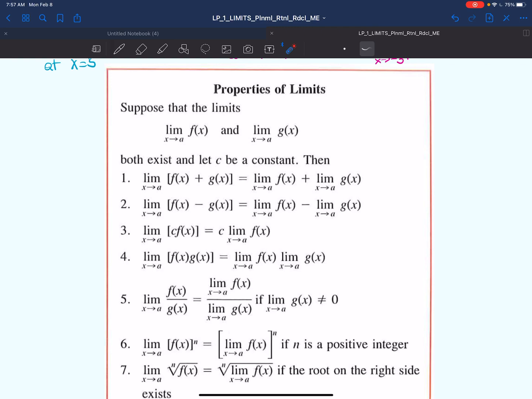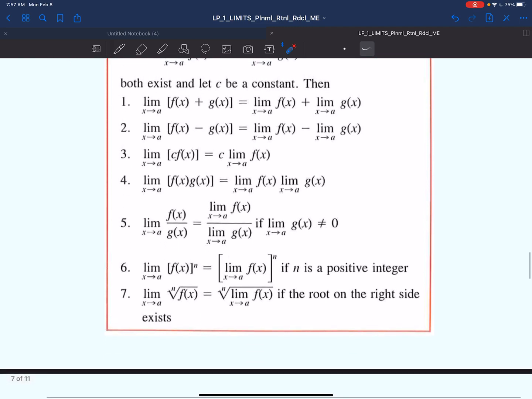So the limit of f of x to the power of n as x approaches a would be equal to the limit of f of x as x approaches a, to the power of n, where n is a positive integer. Because with a negative integer, we talk about fractions, so there's different rules. The same thing with the roots. Now remember, roots are nothing but rational exponents or rational powers, so the same rule applies in here.